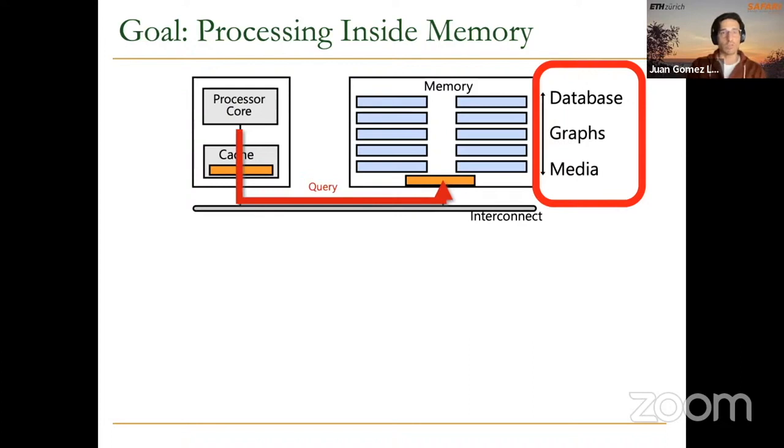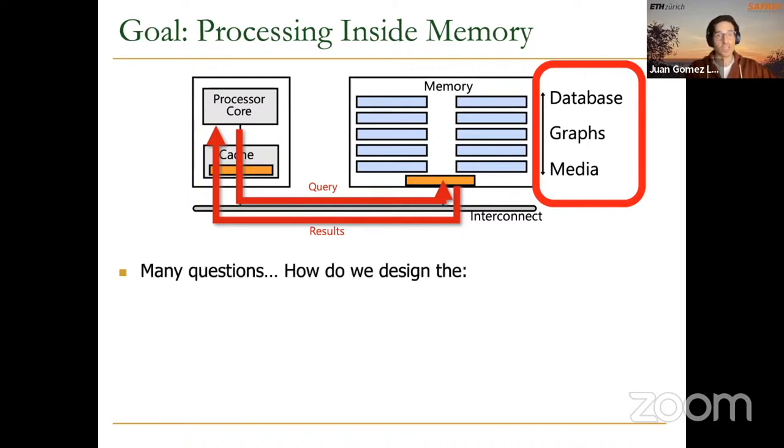Here you can see a very naive figure that shows a query, which could be a query in an in-memory database, for example. The processor offloads the query to some processing unit residing near the memory, and this unit accesses memory with higher bandwidth and lower latency, obtains whatever data is needed, and then sends the results back to the processor core. So conceptually it is very simple, as you see.